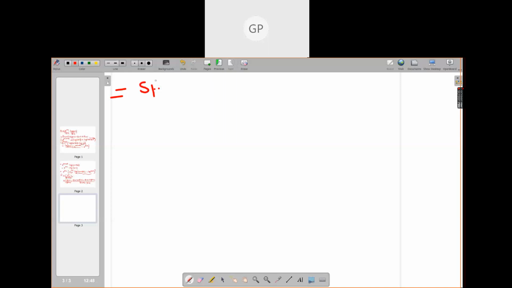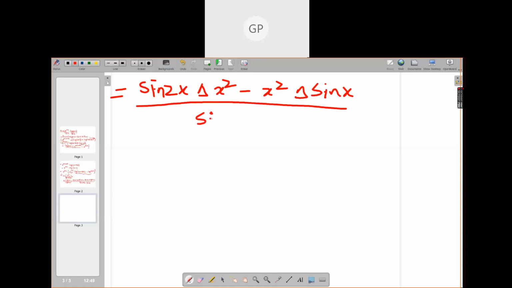Are you doing it, girls, simultaneously? Yes, ma'am. Sine 2x delta of x square minus x square delta of sine 2x, divided by sine 2x plus h into sine 2x.